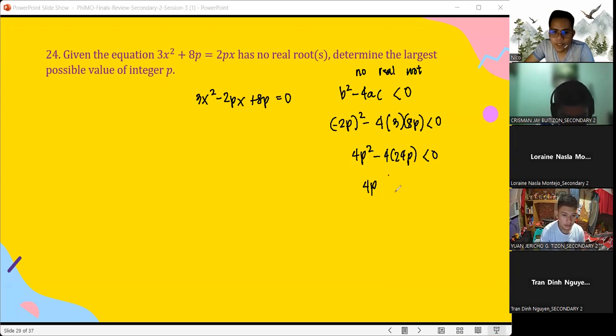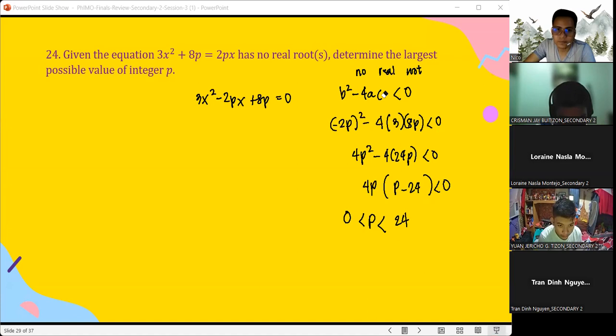This is p minus 24p, 0. So p is greater than 0 but lesser than 24, right? So we have an answer of 1 to 23. So there are 23 possible integer values for p.